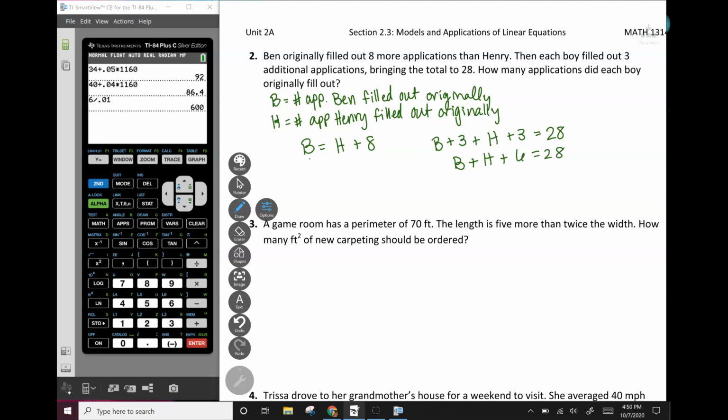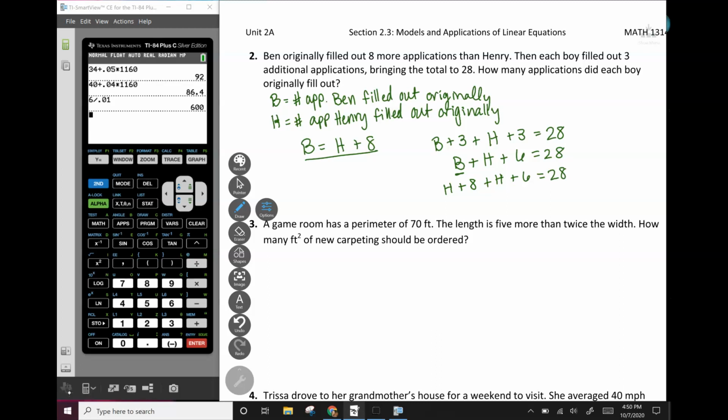Now let's use this right here to make our equation only have one variable. Because B equals H plus 8, I can replace this B with H plus 8. So I'll do H plus 8 plus H plus 6 equals 28.